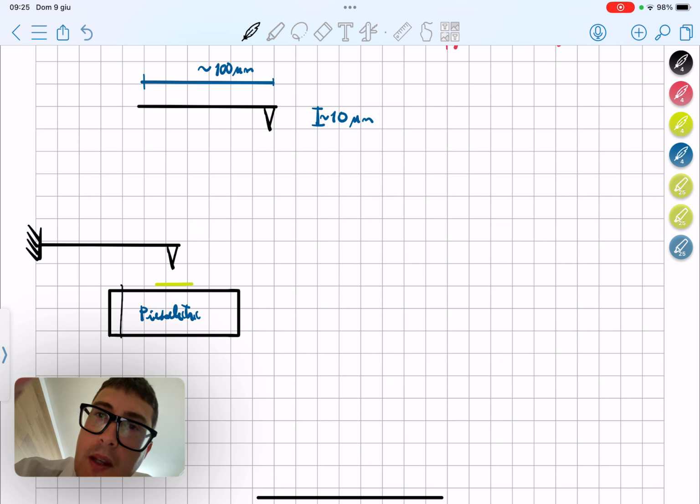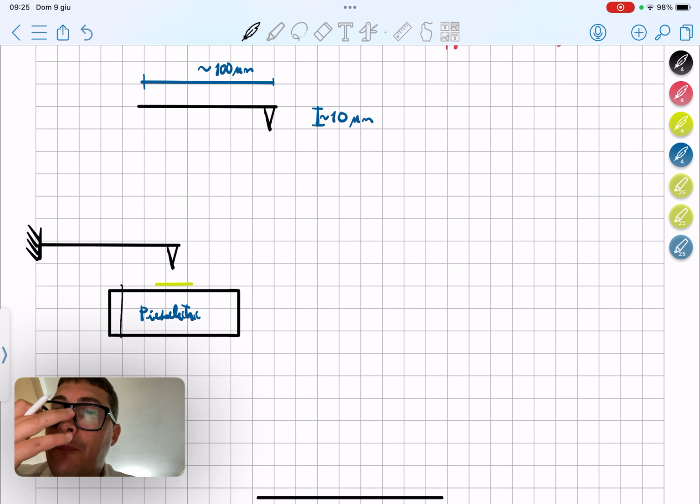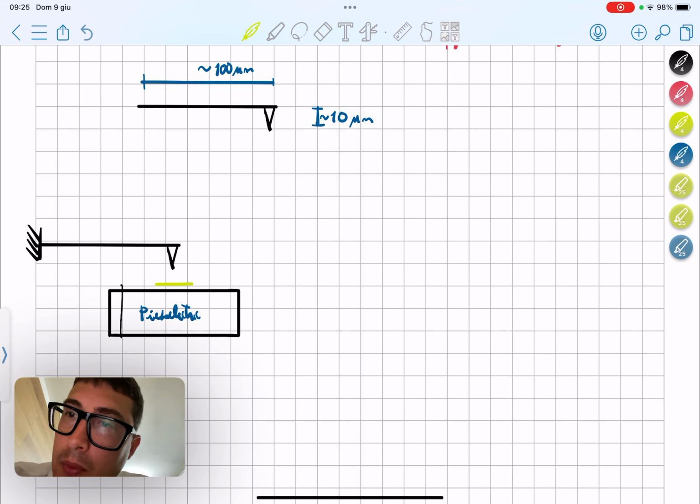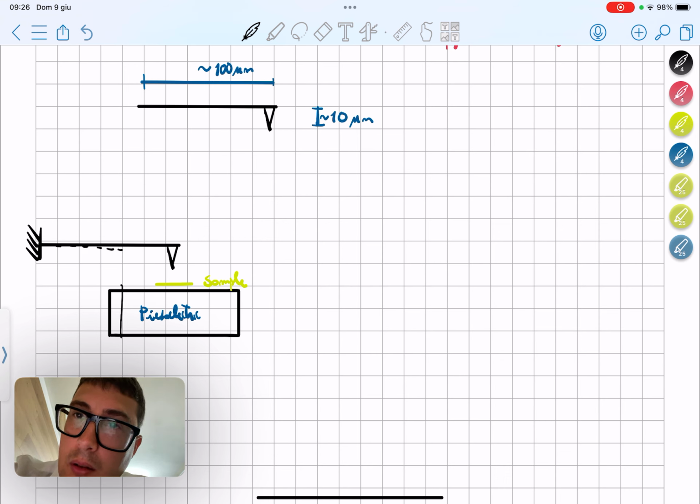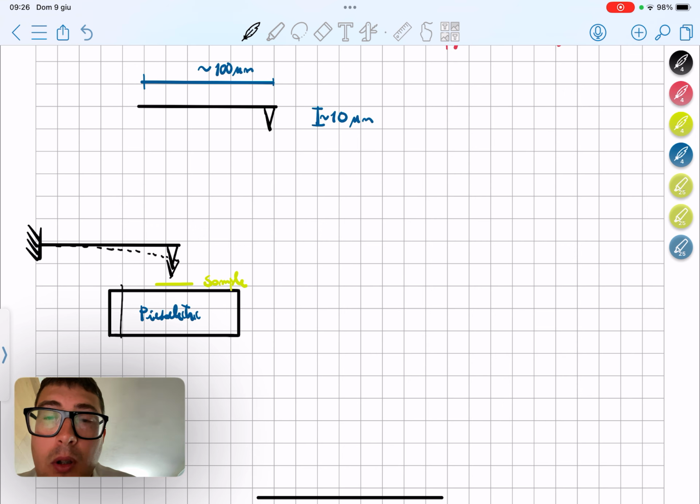Let's say for the time being that it is connected somehow, and it will be brought closer to contact with the sample. Because of the interaction between the tip and the sample, we will observe a bending of the cantilever. The cantilever will bend toward the sample if we are in a certain regime. It will experience repulsive forces if it's too close, but we will see this later on.